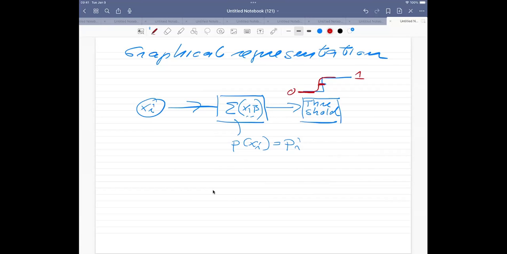So you send in the input, and there is a function. This function sigma, which you have here, when we come to neural networks, in the neural network language, is often called an activation function.